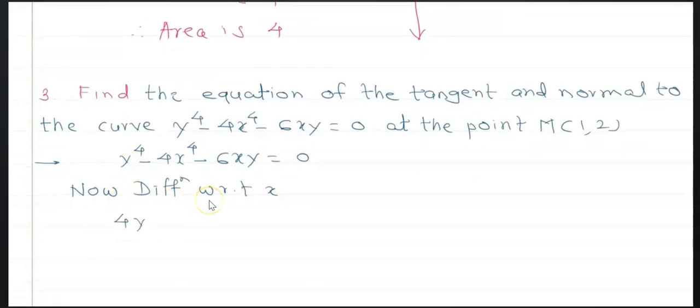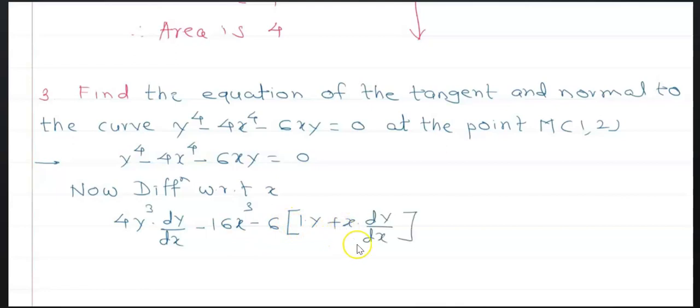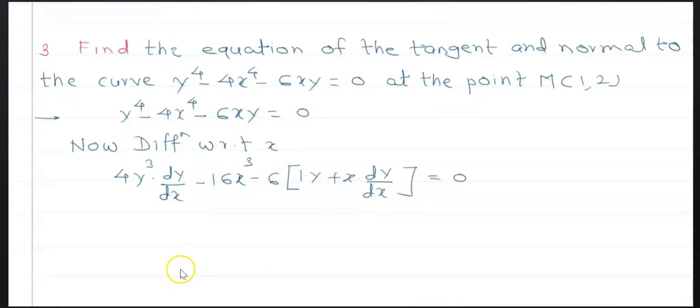Now differentiate this with respect to x. 4y cube into dy by dx minus 16x raised to 3 minus 6 in bracket x into y. Derivative of x is 1 into y plus x into dy by dx, that is equal to 0.